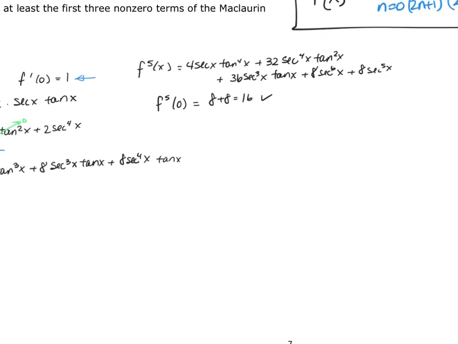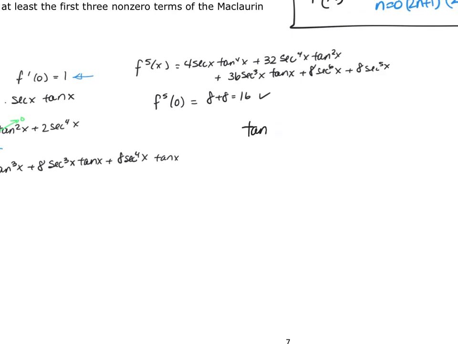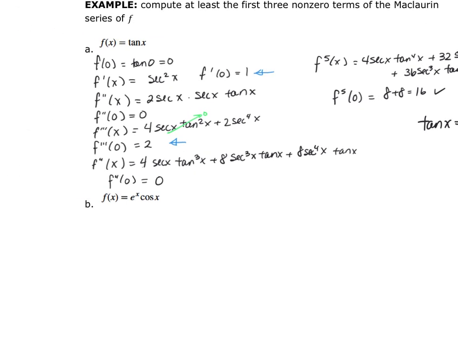My tangent of x is equal to f of 0 plus f prime of 0 over 1 factorial x plus dot, dot, dot. Now, the ones that don't go to 0 are my first derivative, my third derivative, and my fifth derivative.